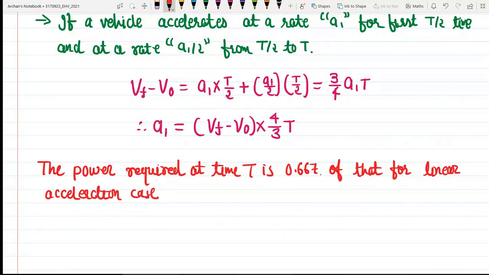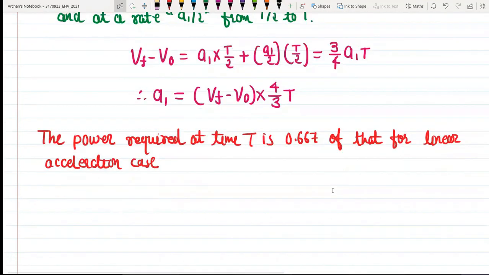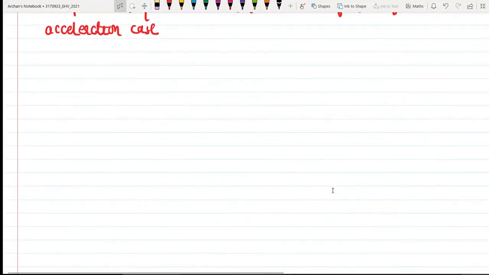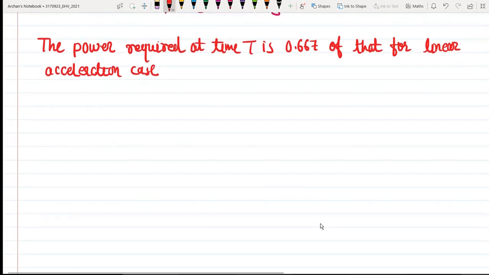Now let us calculate the average power required for acceleration. We will consider the same case of two-wheeler which we have considered yesterday, and let us try to understand this.